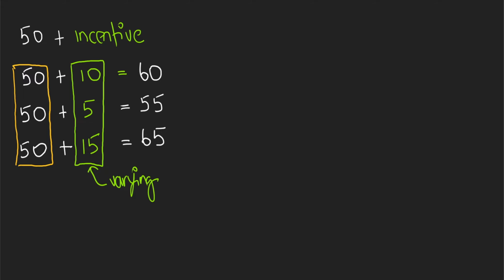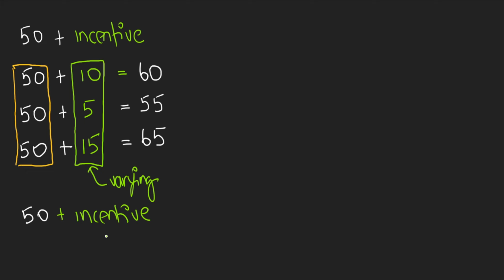If I want to write this as an idea, as an expression, I can say that the boy receives 50 plus incentive. That is an expression that gives me an idea of how to generalize this.